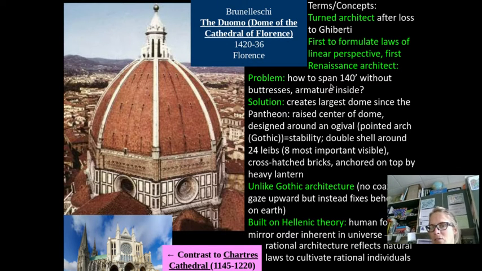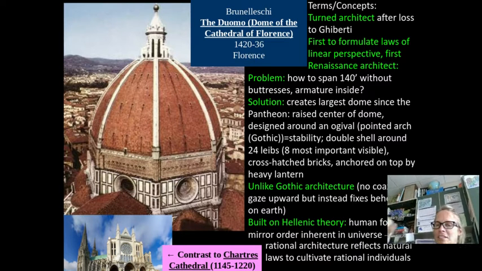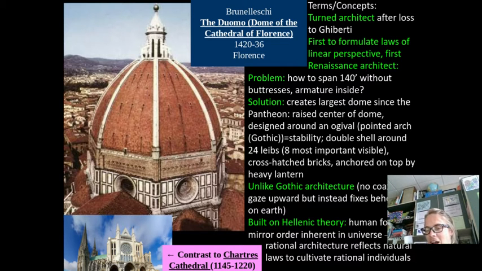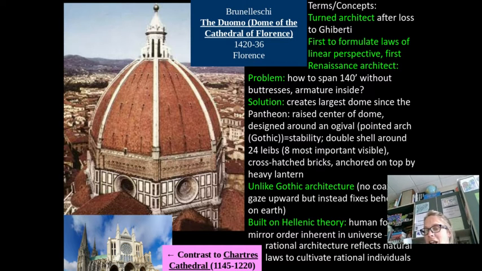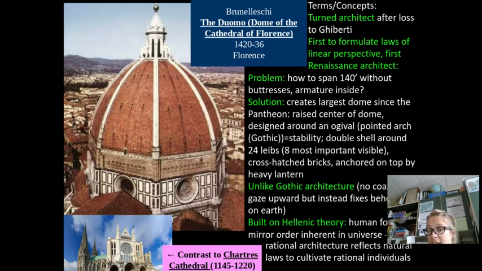The problem was, how do you span 140 feet without flying buttresses, which, if you remember from those Gothic cathedrals like Chartres Cathedral, all those flying buttresses that swooped up and act as support, they're not here. How do you span that much space without external supports? Well, his solution was to create the largest dome since the Pantheon, since classical Greece.